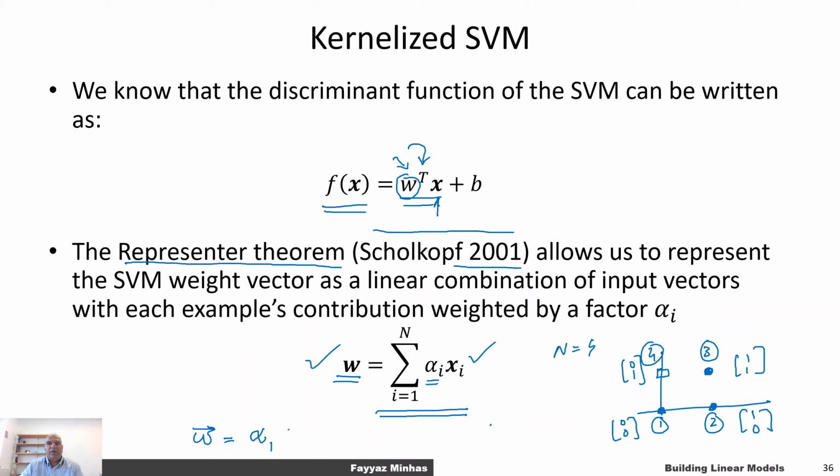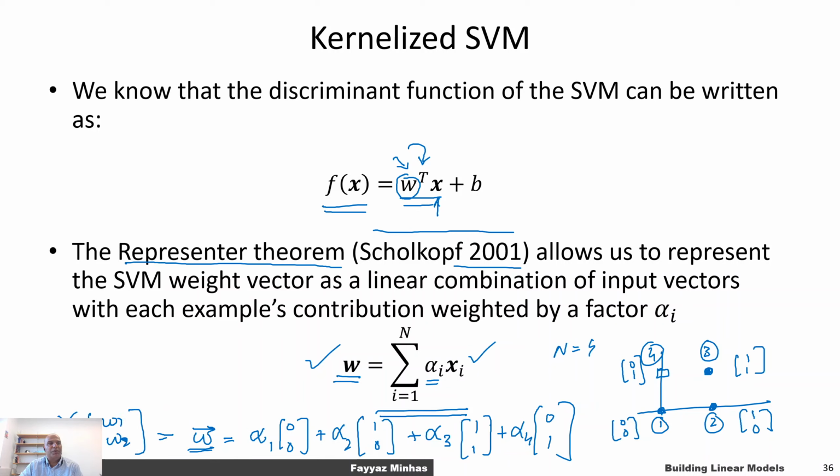We take alpha 1 and multiply it with 0, 0. We add alpha 2 times the second example, 1, 0. We add alpha 3 times 1, 1, and we add alpha 4 times 0, 1. That is going to give us a 2-dimensional vector, W1 and W2, right? So it is going to give us these 2 values.